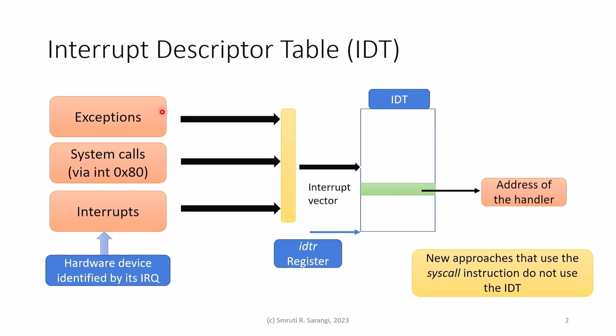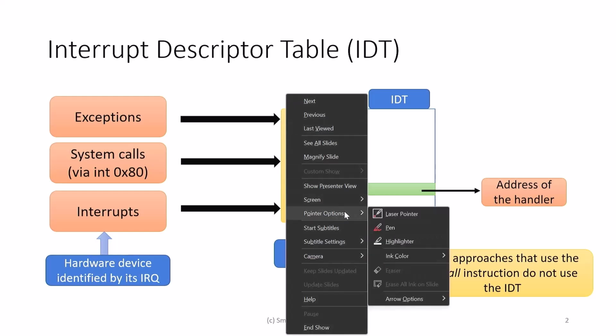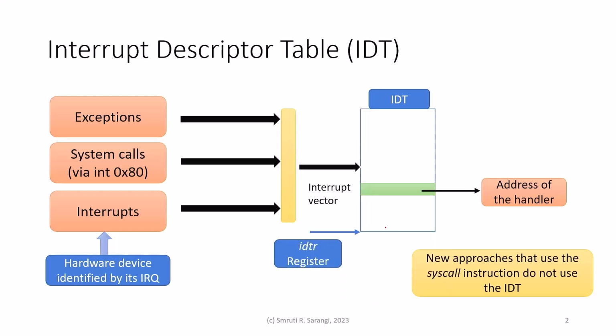Whenever you have an exception, or a system call, which is nothing but a special interrupt with the interrupt code 128, which is 0x80 in hex, or a hardware interrupt generated by a hardware device. Every device is given something called an IRQ, interrupt request queue, but we will discuss that later.